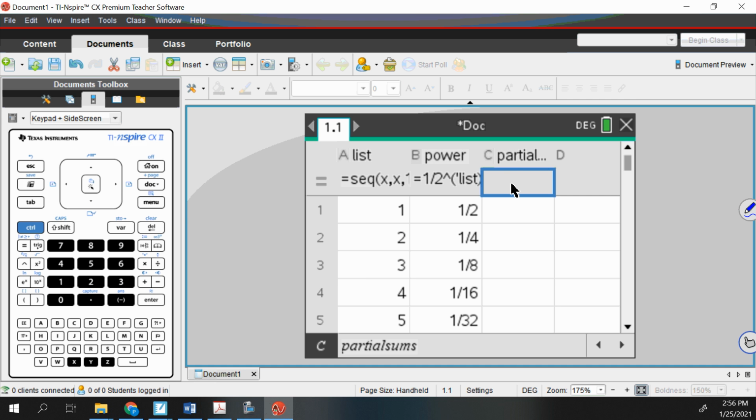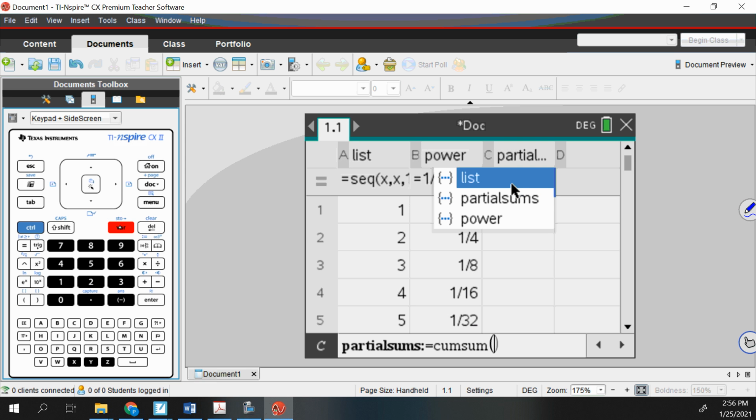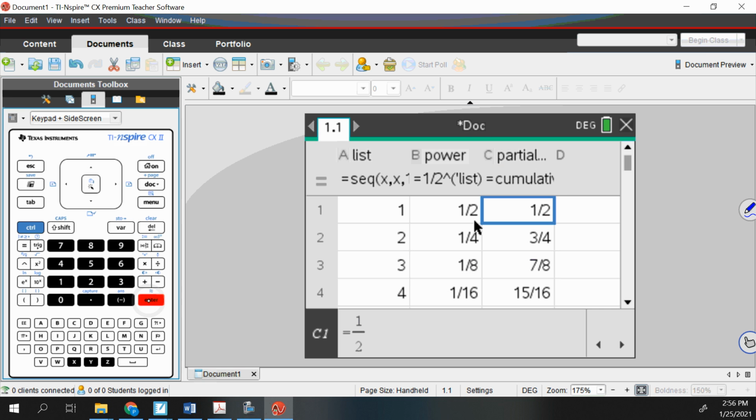And in the formula, we're going to do CUM. That stands for cumulative sum. Start a parenthesis. And if we go to variable, we can go down to power, the thing that was in our other one, and hit enter. And notice it gives us those values that we had added up.